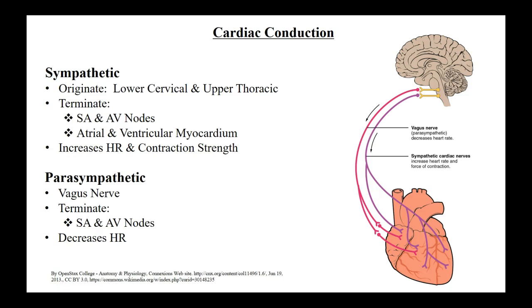But we do have sympathetic and parasympathetic innervation of the heart. These neurons aren't causing the heart to contract, but they can control the rate at which it contracts. And the sympathetic can also affect the contraction strength.